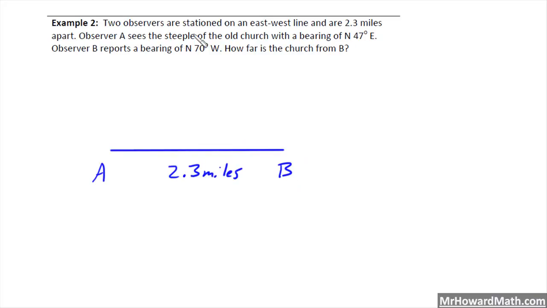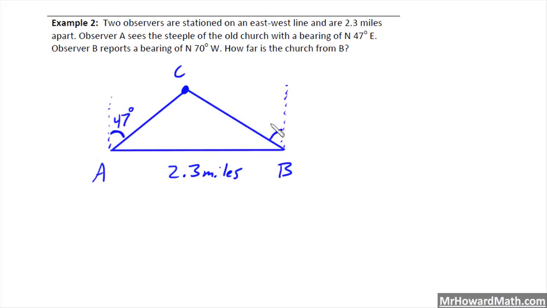And observer A sees the steeple with a bearing of north 47 east, so that would be back this way, north and east. Observer B sees north 70 west, so that would be back this direction. So we'll make this C for the church steeple, and we need some due north lines on here so we can apply our angles here. These are the survey type angles. So observer A north 47 east, so this would be 47 degrees right here, this angle.